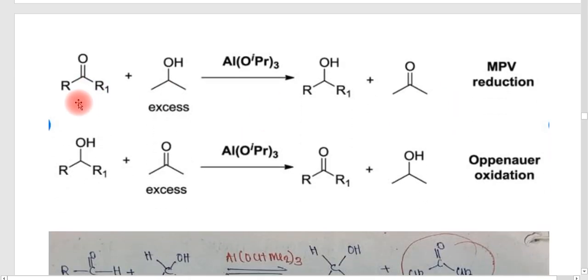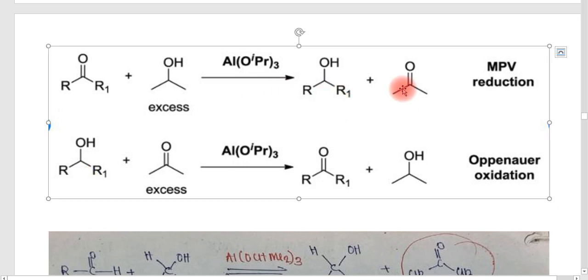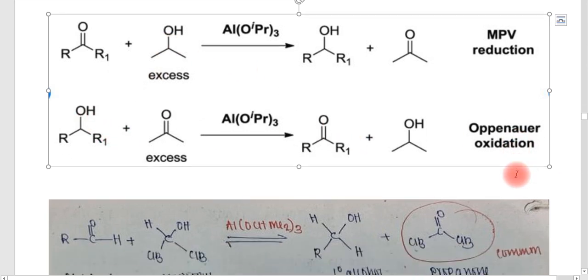Here the carbonyl group is converted into an alcohol, while the excess alcohol, isopropanol, changes into a ketone, that is acetone, which is taken out. The opposite reaction, where the alcohol converts into a ketone and the ketone into an alcohol, is the Oppenauer oxidation. So these two reactions show the forward reaction, the MPV reduction, and the backward reaction, the Oppenauer oxidation.